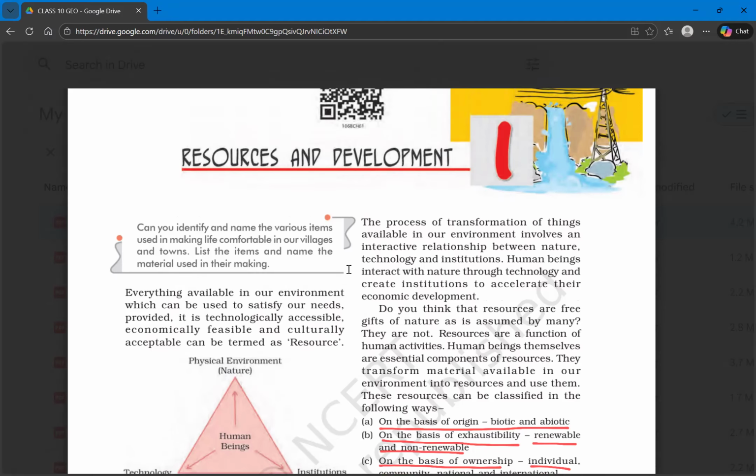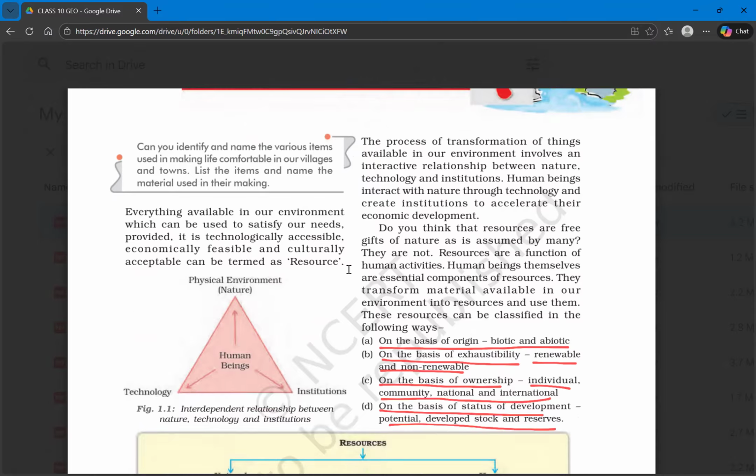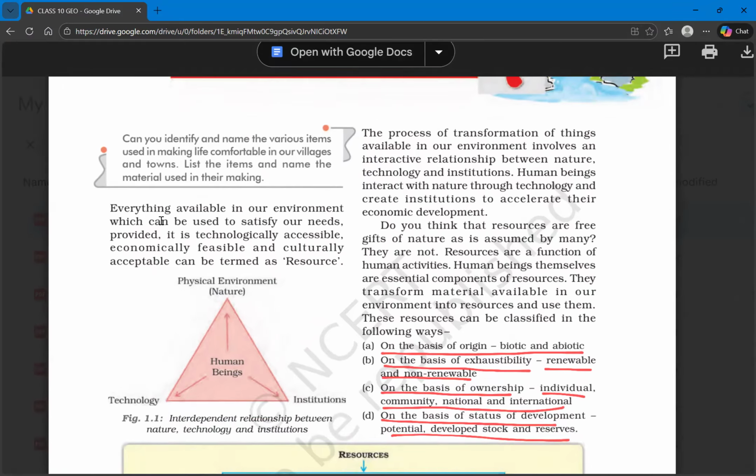Therefore, the first chapter in class 10th is Resources and Development. Everything available in our environment which can be used to satisfy our needs, provided it is technologically accessible, economically feasible, and culturally acceptable, can be termed as a resource. So, first of all, what is a resource? A resource should satisfy our needs, and it should be available in the environment.